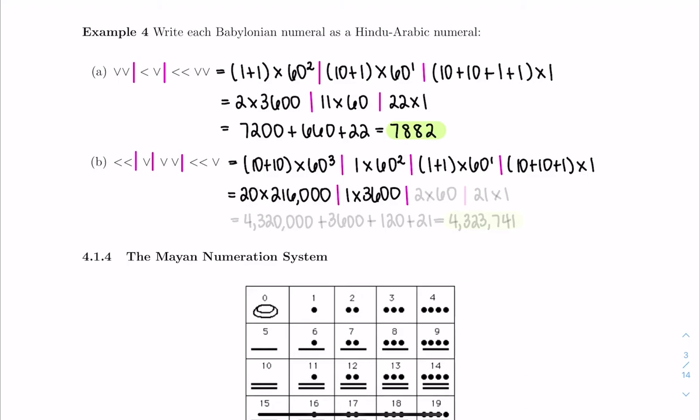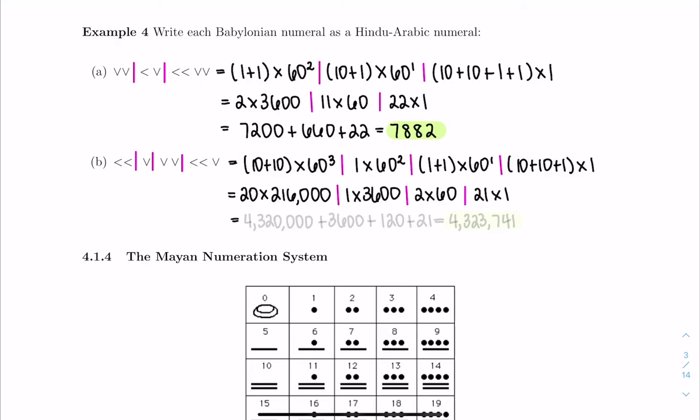In the next set, we have 1 plus 1, which is going to give me 2, times 60. And in the last set, we've got 10 plus 10 plus 1, which is going to give me 21 times 1.